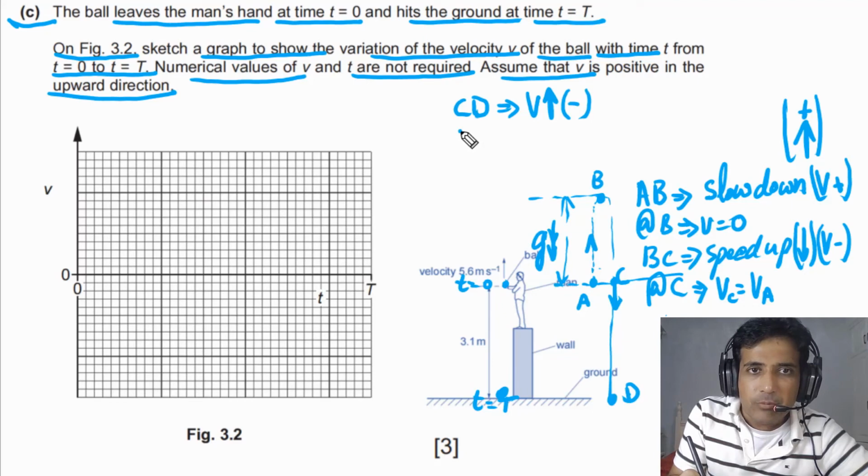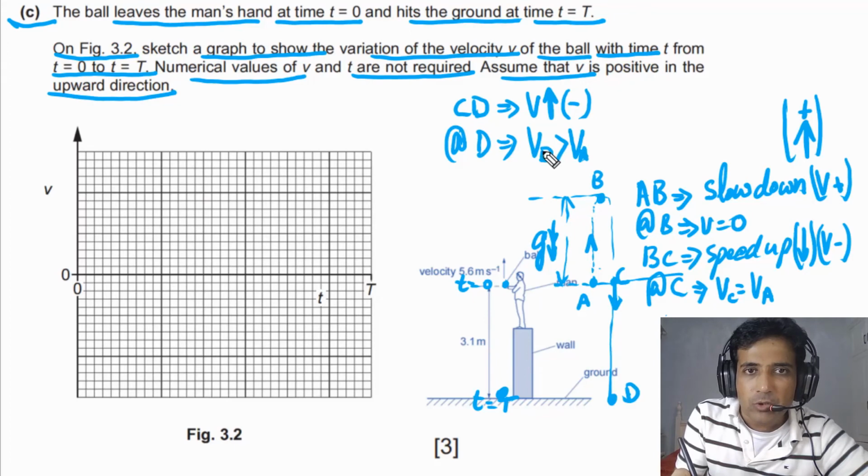When the ball reaches D, the speed of the ball at D will be greater than the speed at A. But velocity at D is negative and at A is positive. So VD is negative, but it is greater in magnitude than VA, and VA is positive.